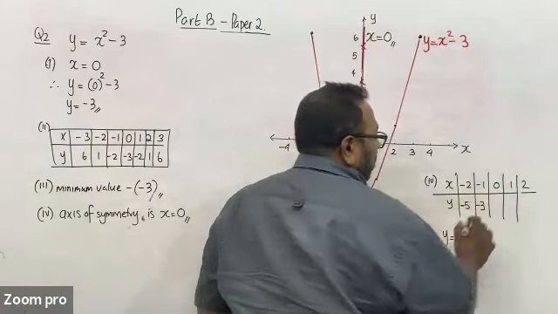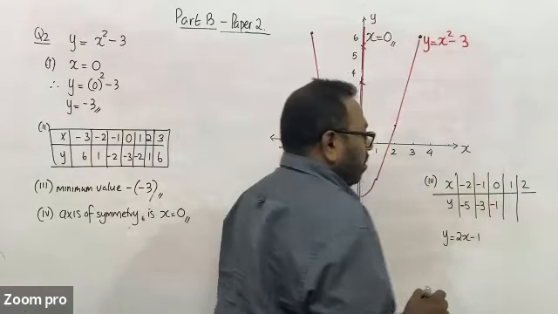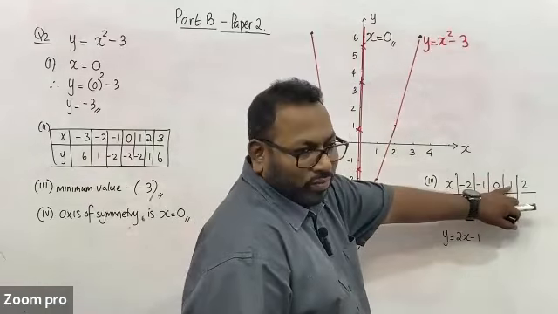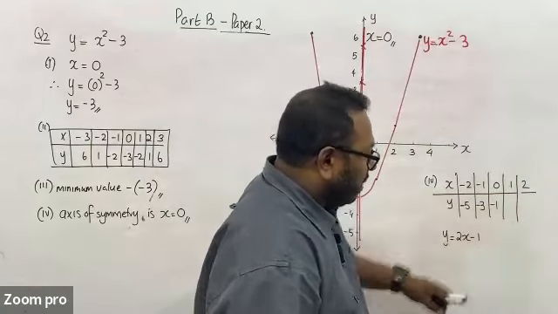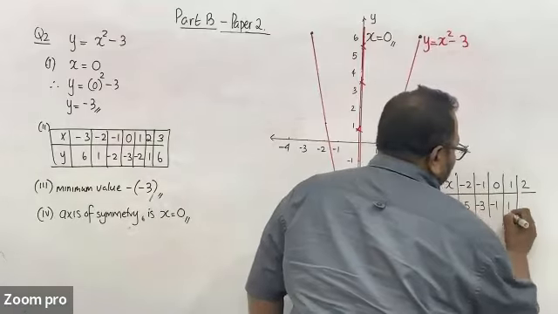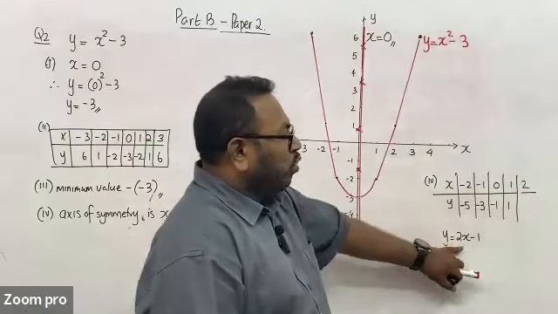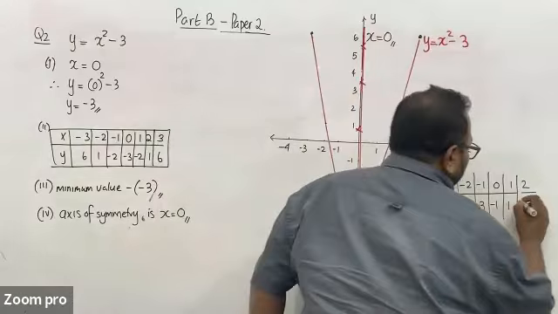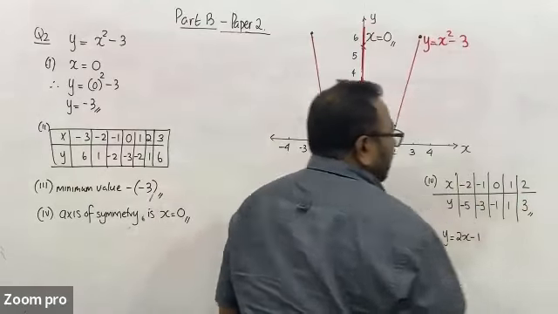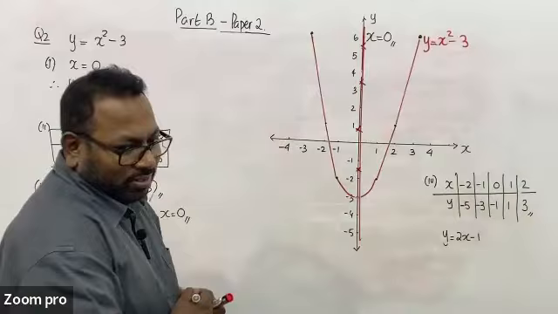Minus 1 is minus 1. 2 into 1, that is x is equal to 1. 2 into 1 is 2. Minus 1 is plus 1. 2 multiplied by 2 is 4. Minus 1 is 3. So these are your coordinates.